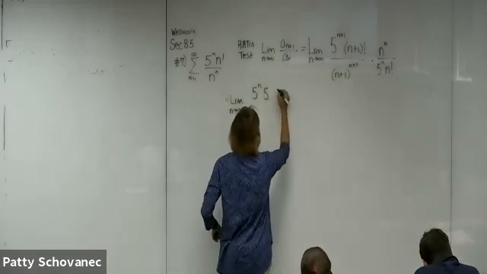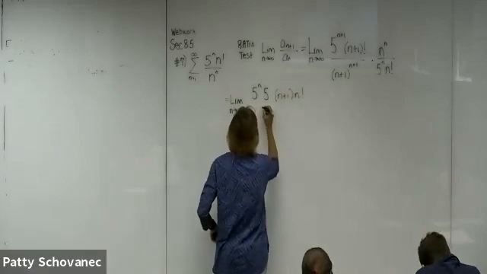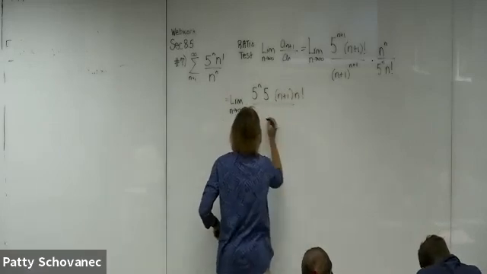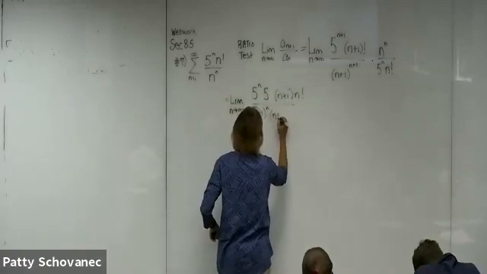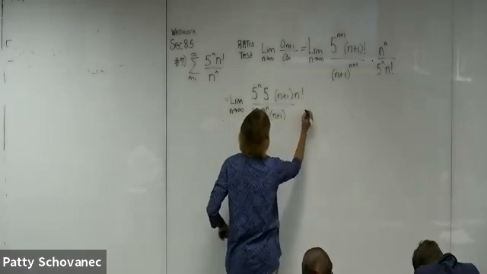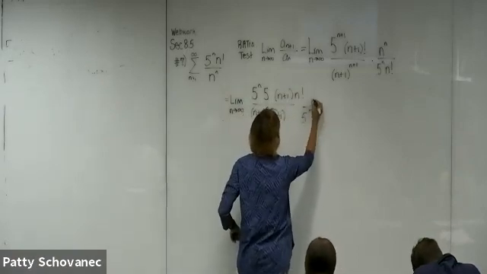N plus 1 factorial is n plus 1 times n factorial. N plus 1 to the n plus 1 is n plus 1 to the n, and then n plus 1 to the 1. And then I have my 5 to the n, n factorial, n to the n.